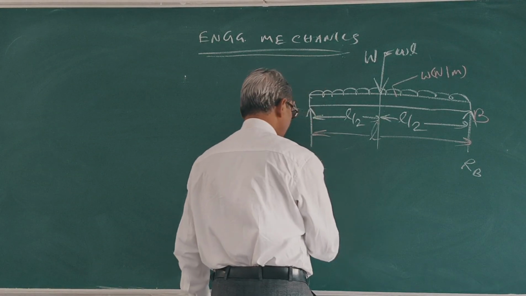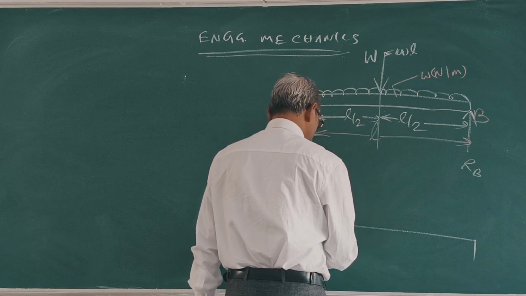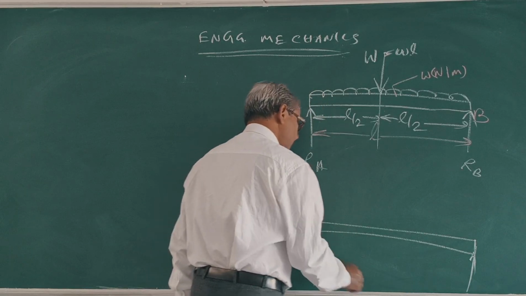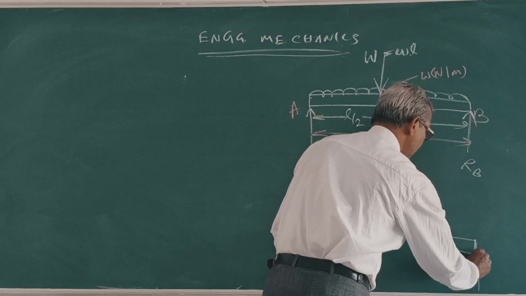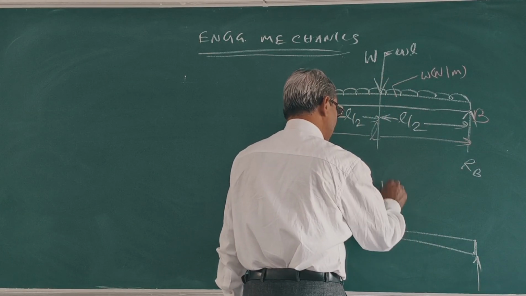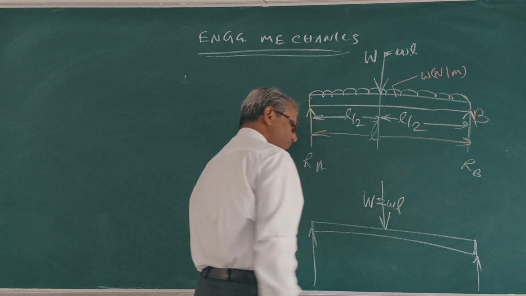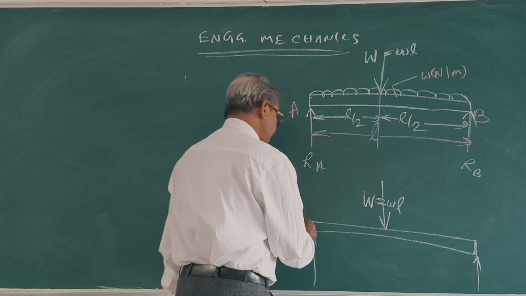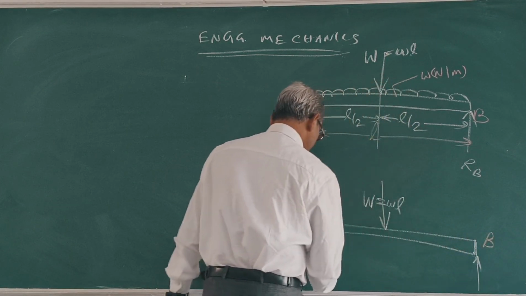Now, this is B. This is UDL load, total load W, small w L. Clear? This is A, this is point B, this is L.